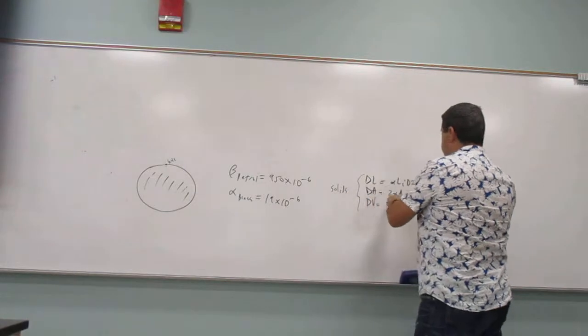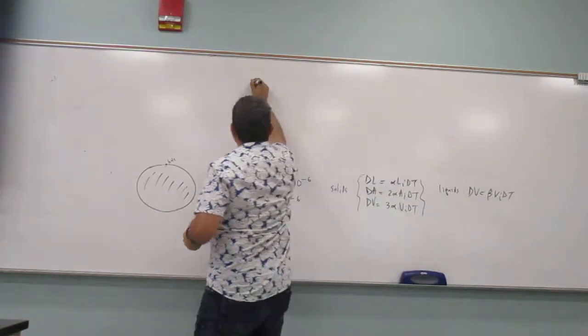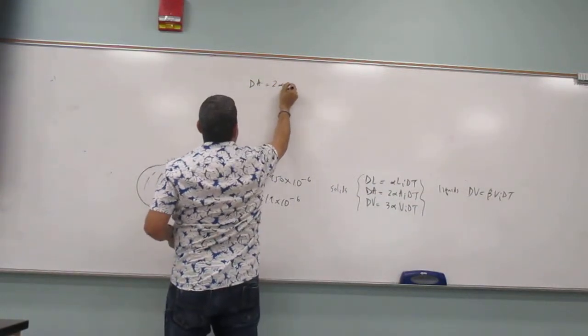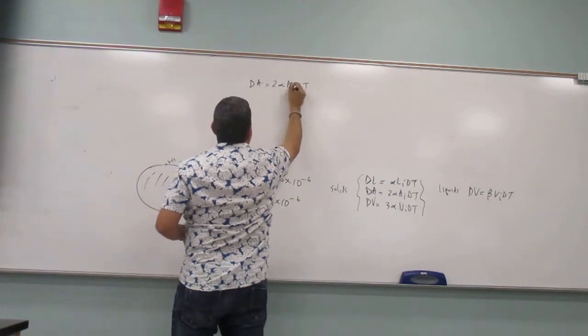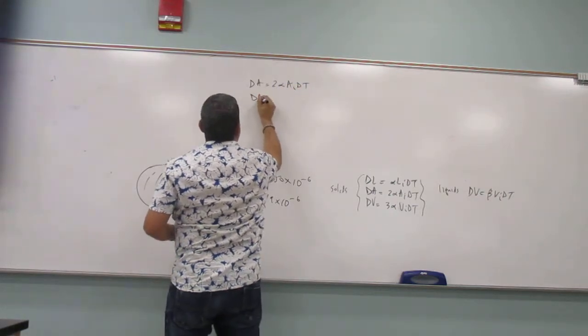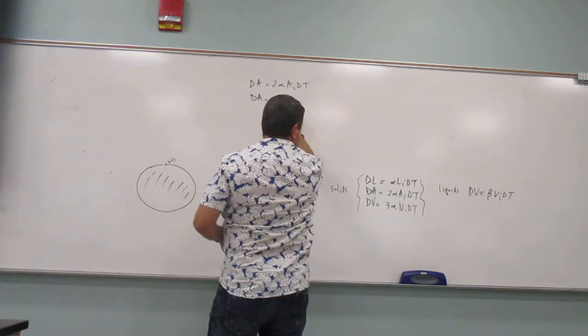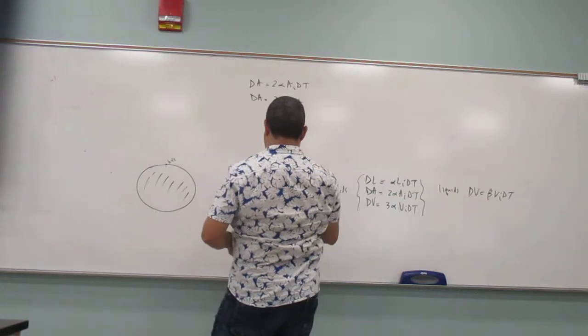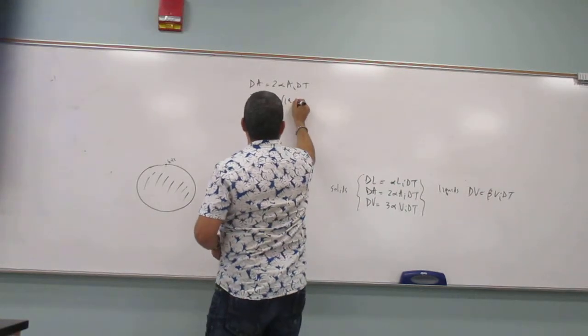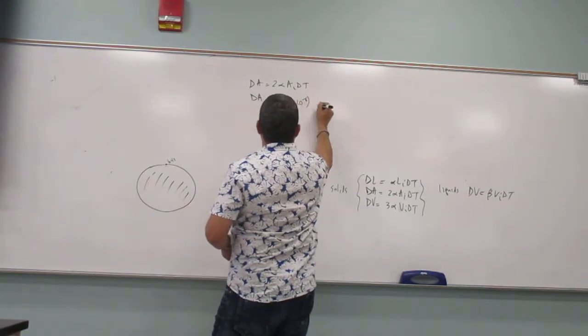So then we're going to do dA is 2 alpha A initial delta T. And the alpha is going to be 19 times 10 to the minus 6. The area initial is going to be what?